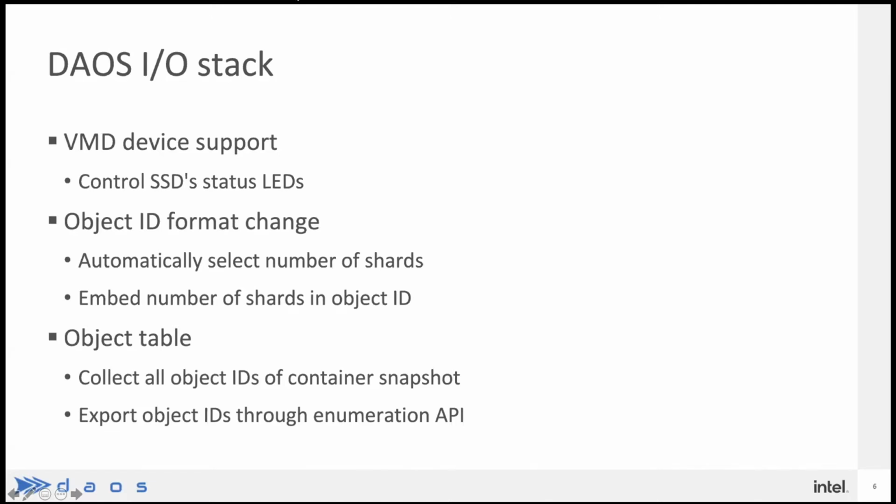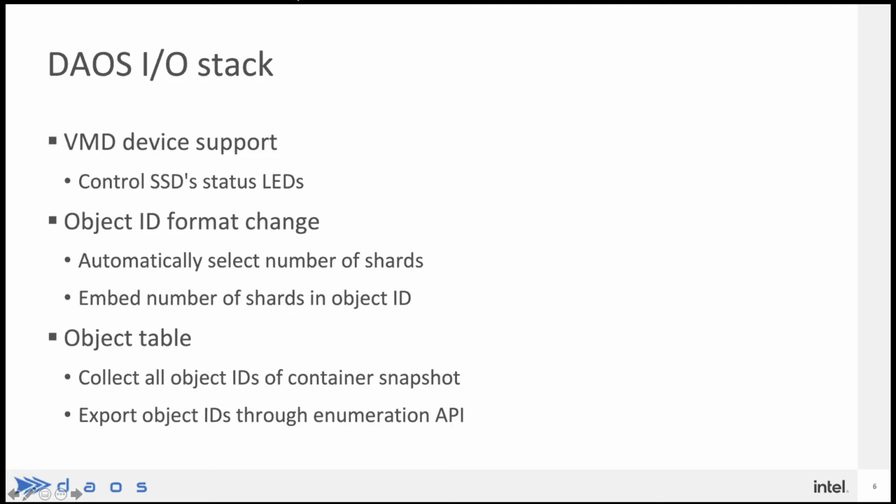We also changed the object ID format, and the main goal is encoding the number of object shards in the OID. Originally, DAOS provided a few hundred predefined object classes, each with a certain number of shards, so the user could only select from these predefined classes. If the object class does not match the storage system size, for example, the storage system has 20 engines but DAOS only has predefined 16 and 24 shards, then the user cannot achieve the full bandwidth of the system.